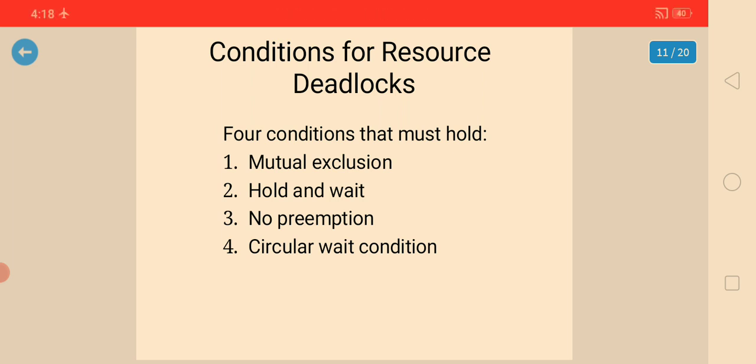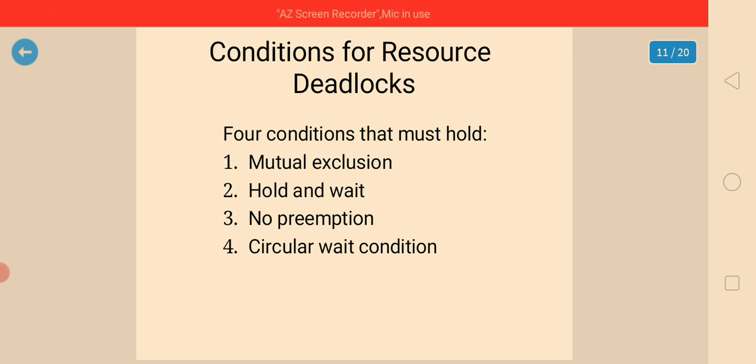So what are the methods of handling deadlock? There are three methods for handling deadlock. First one, deadlock prevention or avoidance. The idea is not to let the system enter a deadlock state. We can look at each category individually.